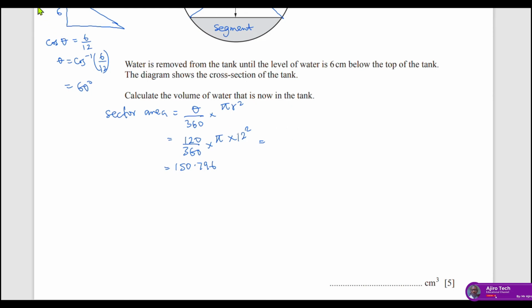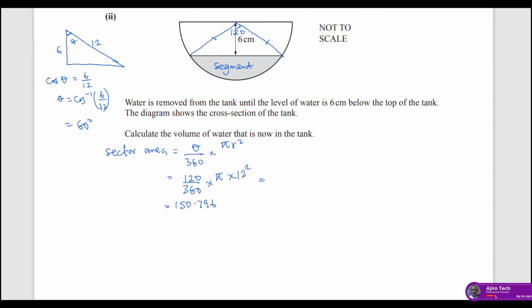Then we can look for the triangle area. This triangle has 6, and this is 12, and this is 12. We can use half ab sine theta, where a and b are 12 and 12, the two sides enclosing the angle: half times 12 times 12 times sine of the angle, 120 degrees.